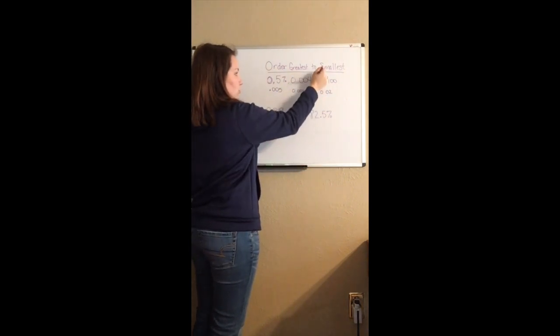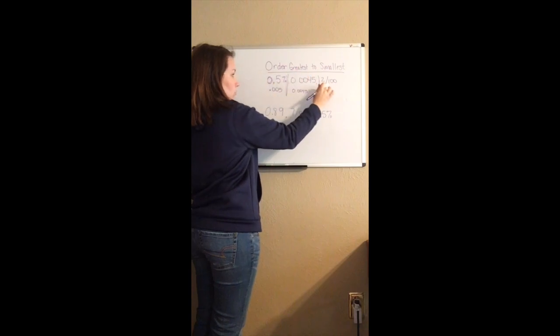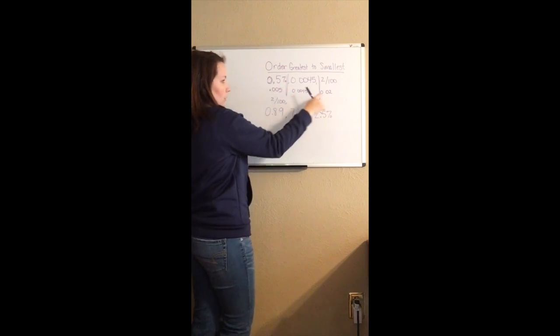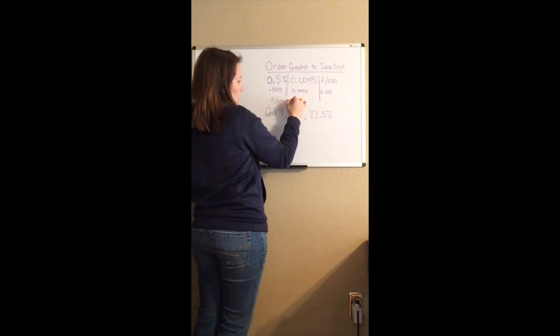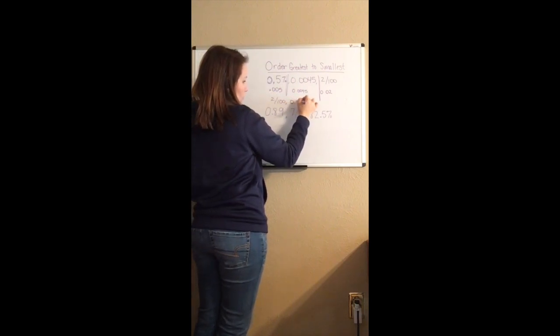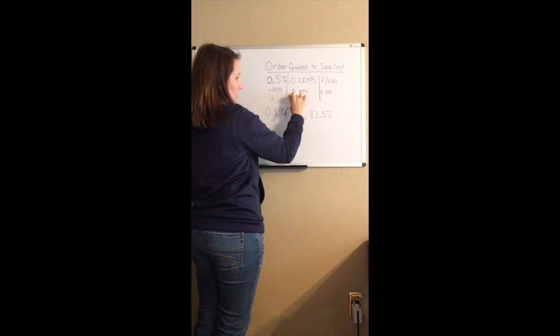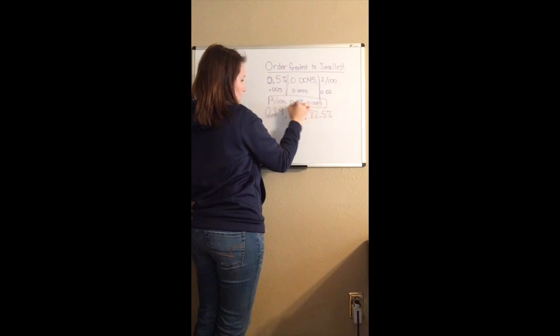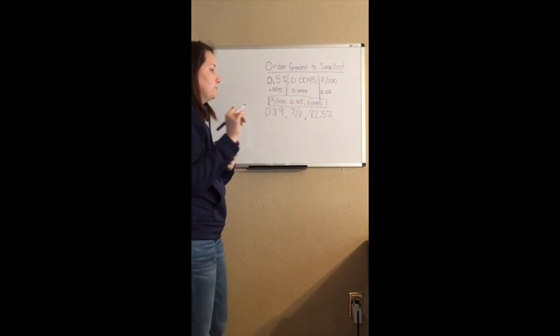Well, that 2. So that 2 100ths is our greatest number. Then we keep going. 5 and 4, well, that 5 is bigger than 4. So that 0.5% is greater. And then we have that 0.0045. So that is the order from greatest to smallest of that one.